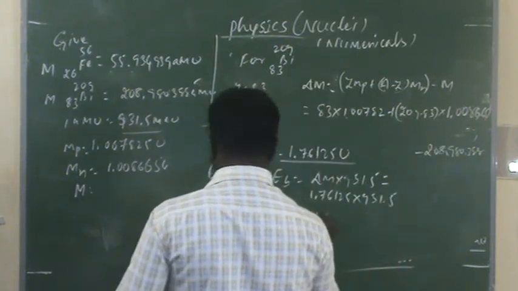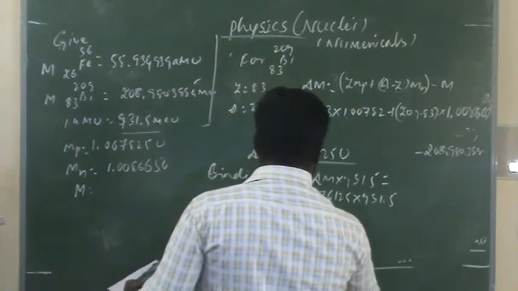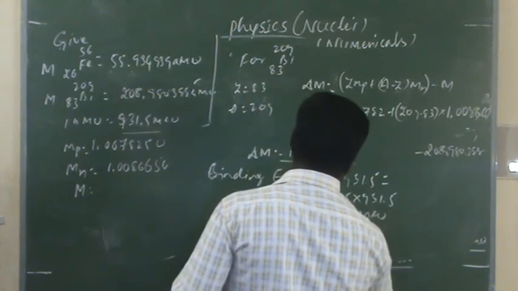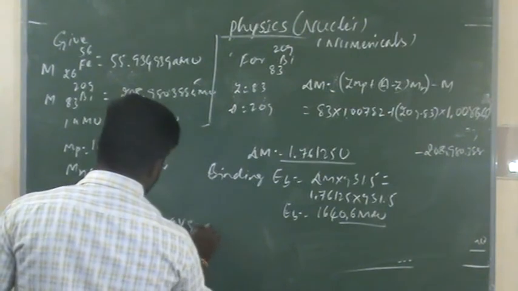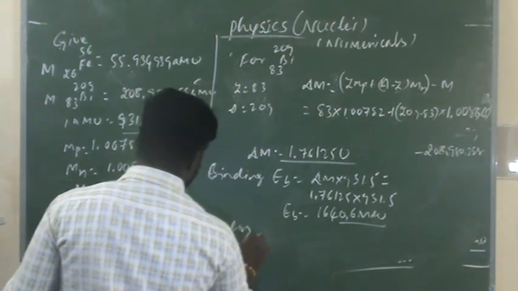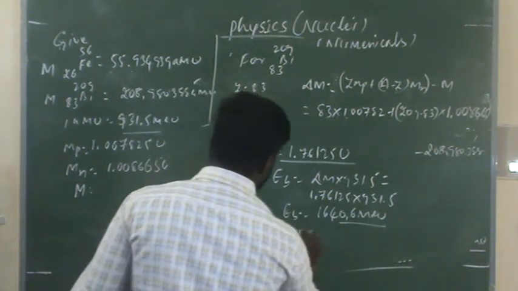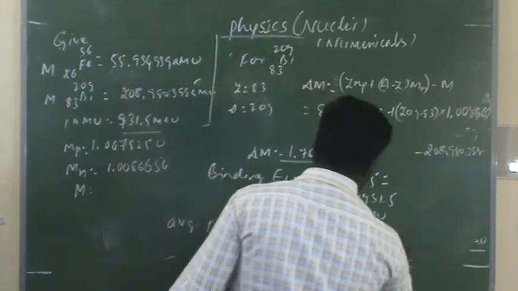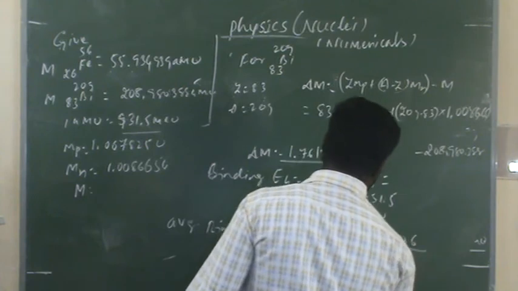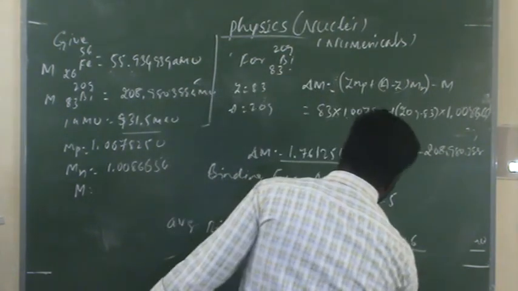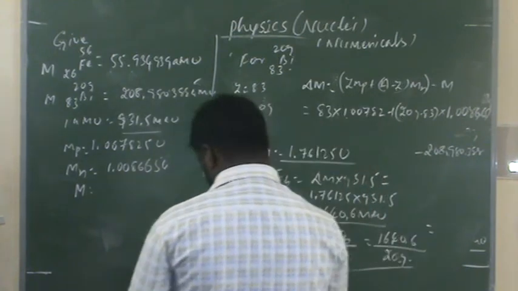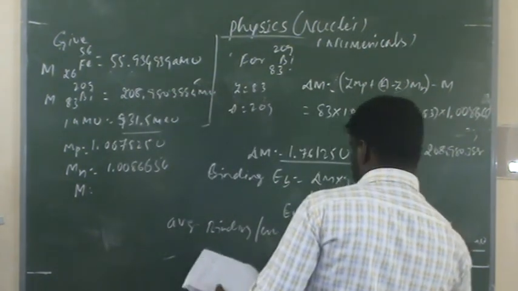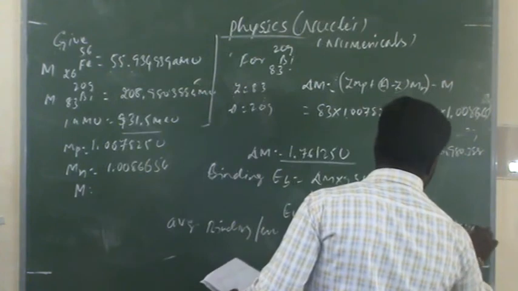So E_B equals 1640.6 MeV. Again, the average binding energy per nucleon is E_BN equals binding energy by mass number, that is 1640.6 divided by the mass number 209, which equals 7.8498 MeV.